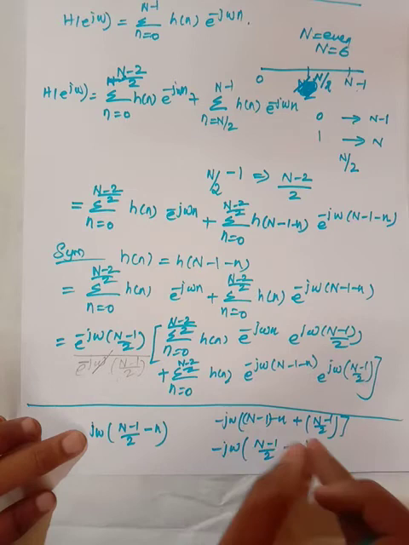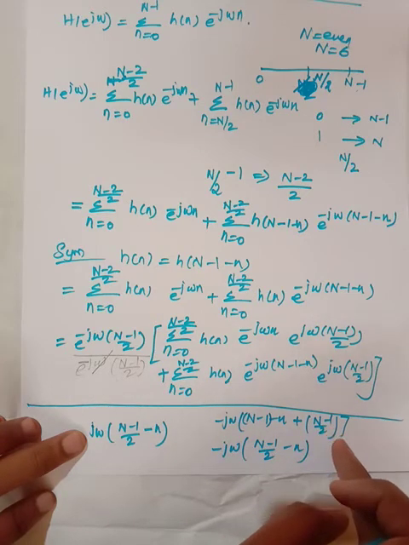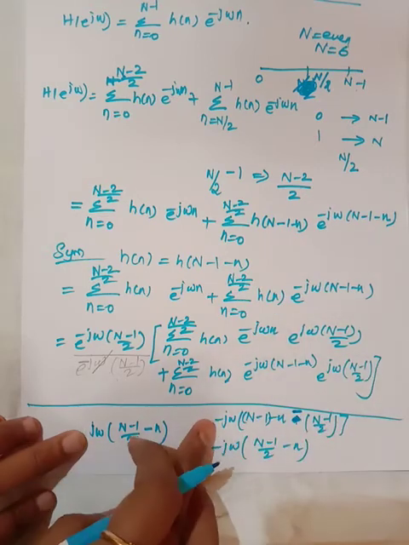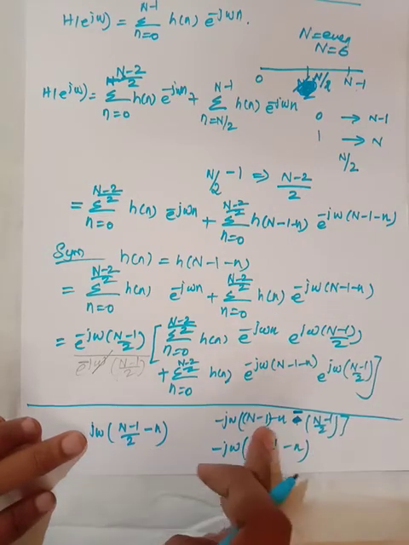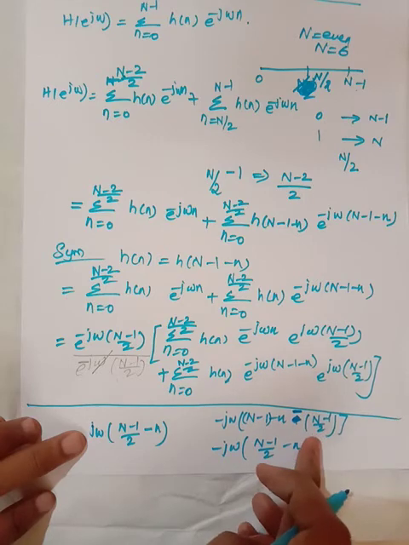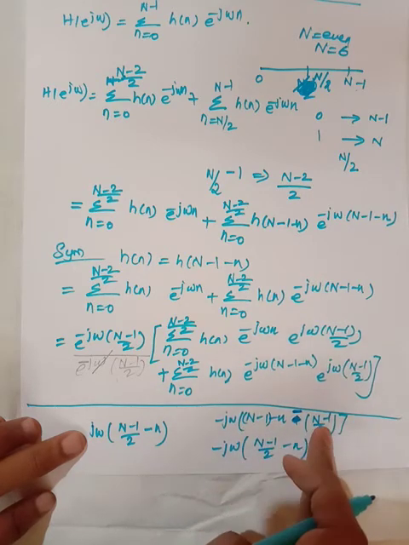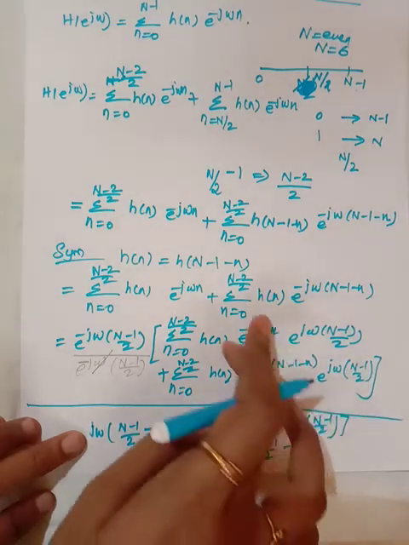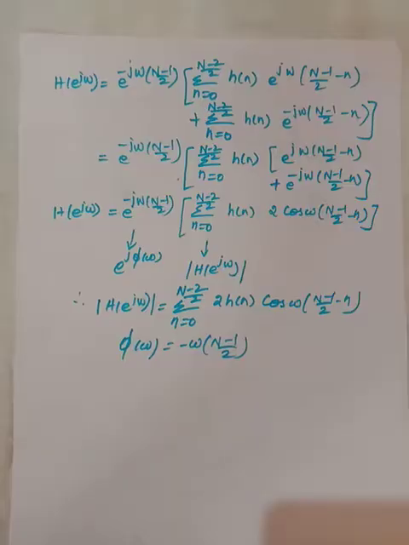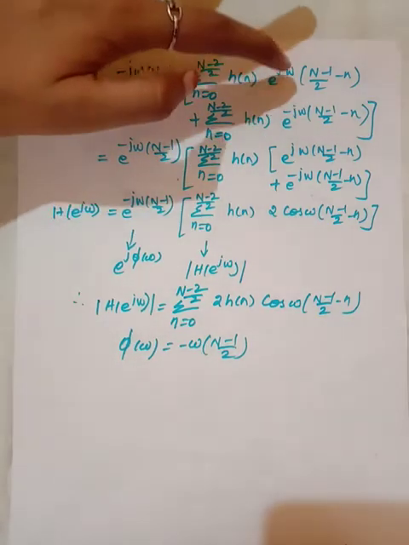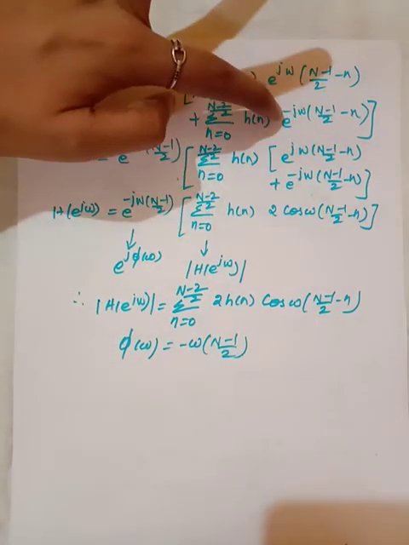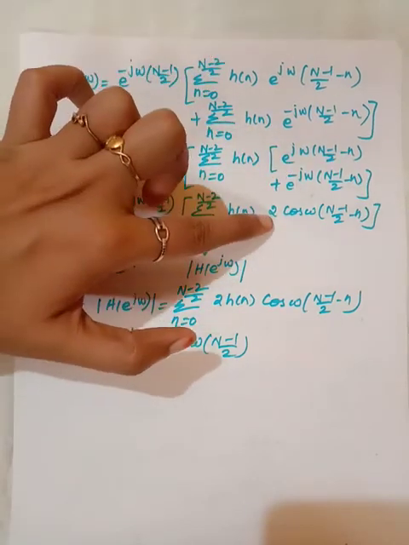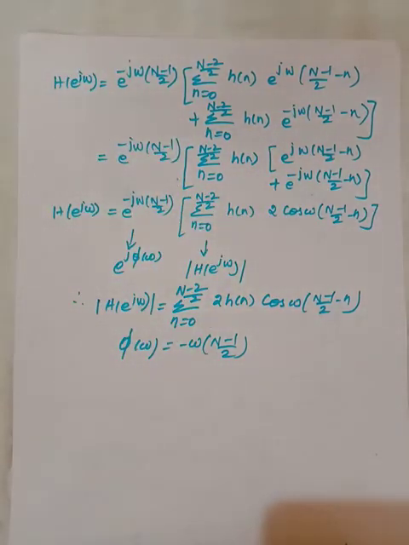Sorry, here you will have minus, because I am taking the minus outside, so n minus 1 minus n minus 1 by 2, that is similar to 1 minus half. So I am getting n minus 1 by 2 minus n. Now I am going to put this value here. After substituting these values and taking this as common and combining these two, I am getting 2 cos omega n minus 1 by 2 minus n.